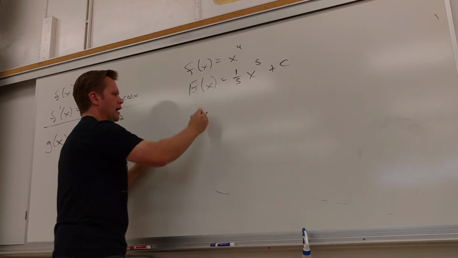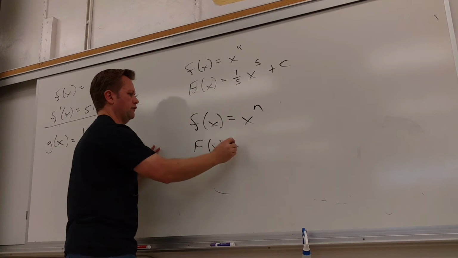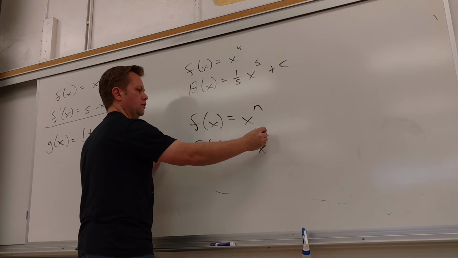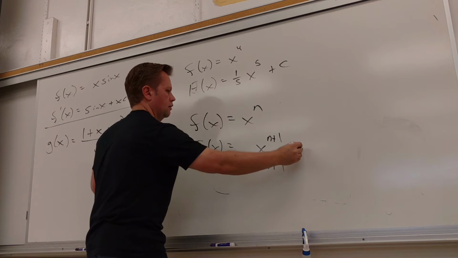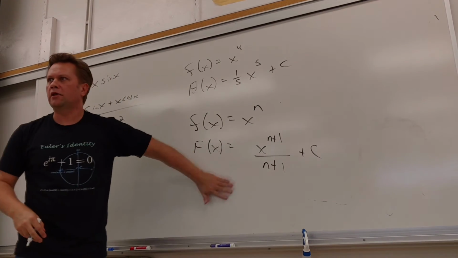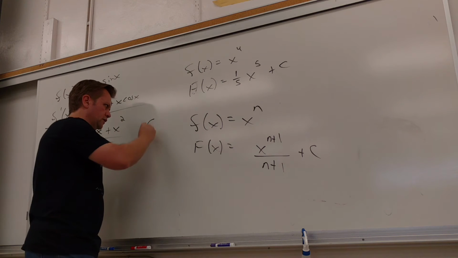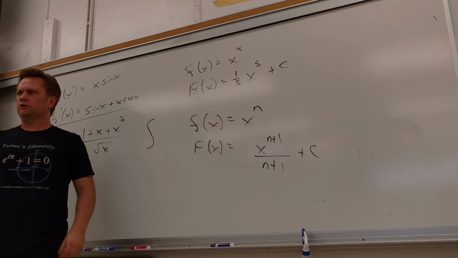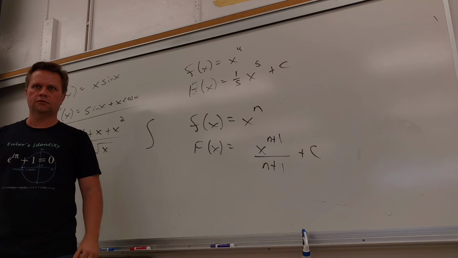So in general, if I have x to the n, what's big F going to be? It's x to the n plus 1 over n plus 1, plus c. They used a symbol we don't know yet, but if you see this symbol, it's going to mean the antiderivative of something.